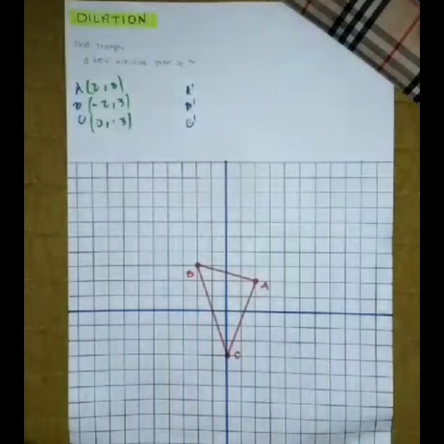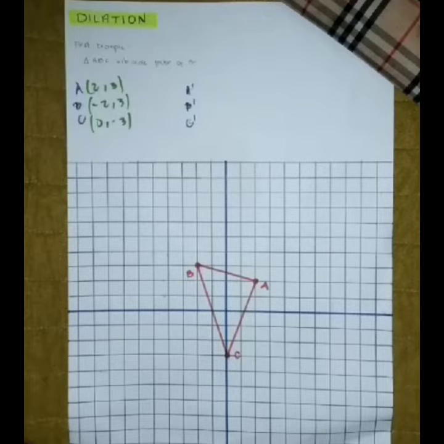So let's go over to the topic of dilation. Dilation is just a fancy word for making an object bigger or smaller. So looking at our first example, we are going to dilate ABC with a scale factor of 3.